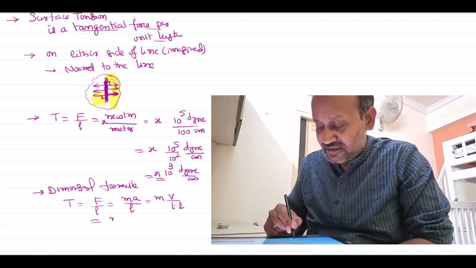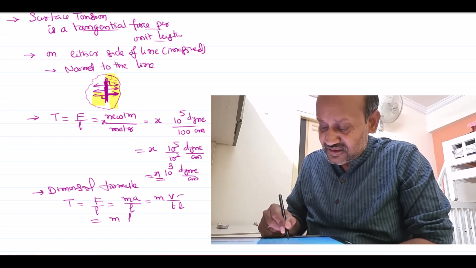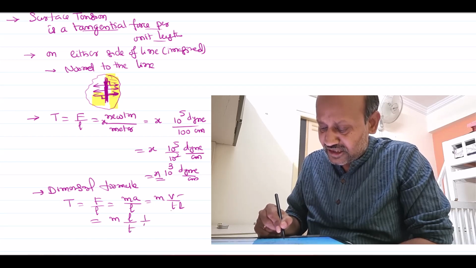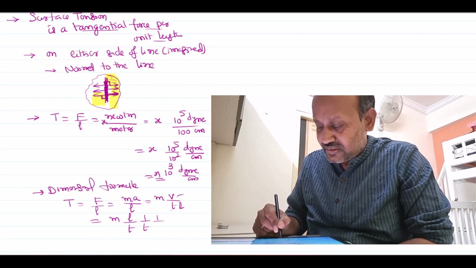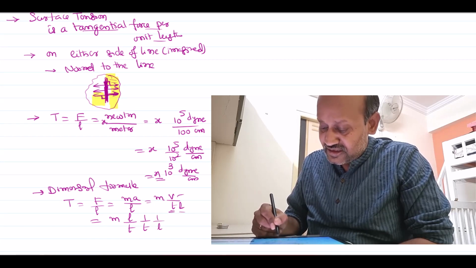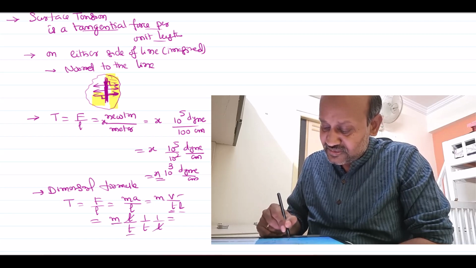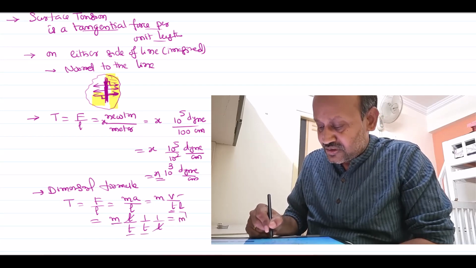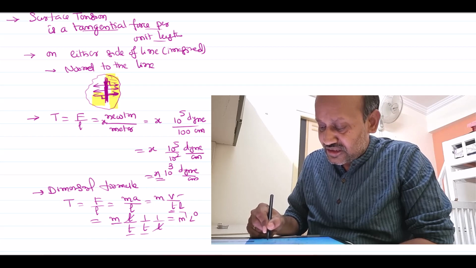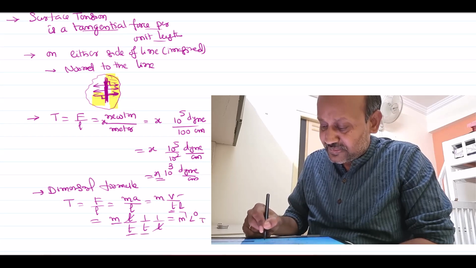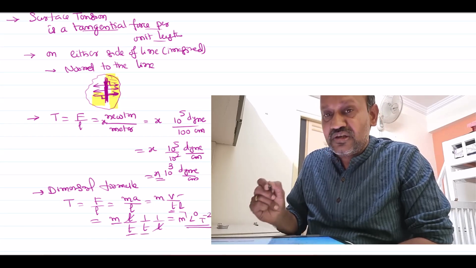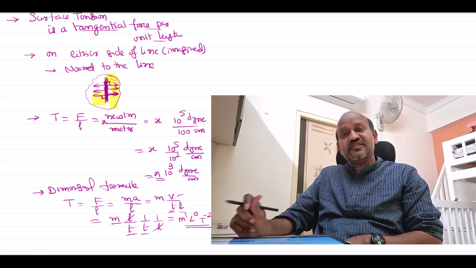To simplify further, velocity is displacement by time. I'm talking only about the dimensions. By time is there and by length is there. So this length and this length can be cancelled. What's remaining is mass by time and time. So M power 1, there is no L, L power 0, time and time is there, T power minus 2. That's the dimensional formula of surface tension.